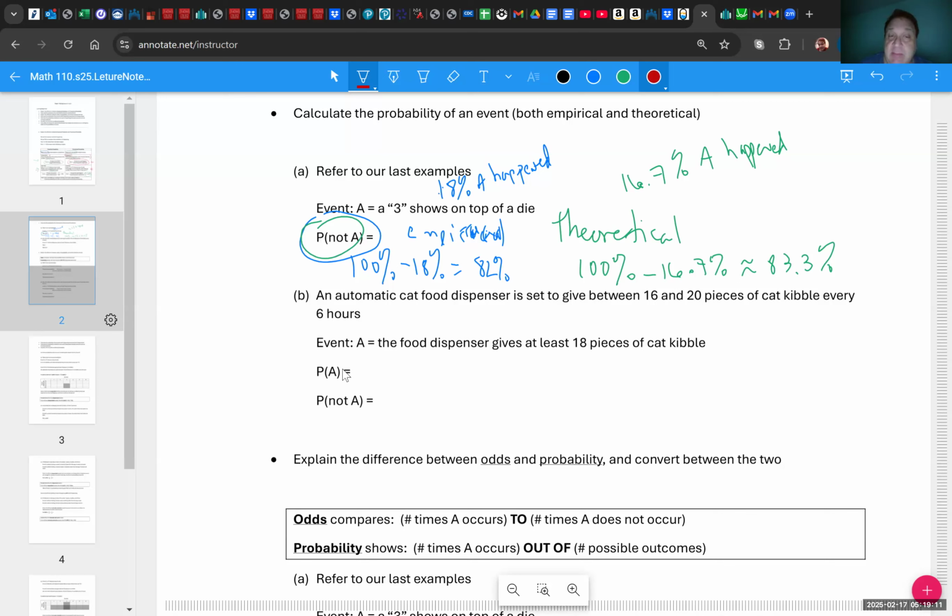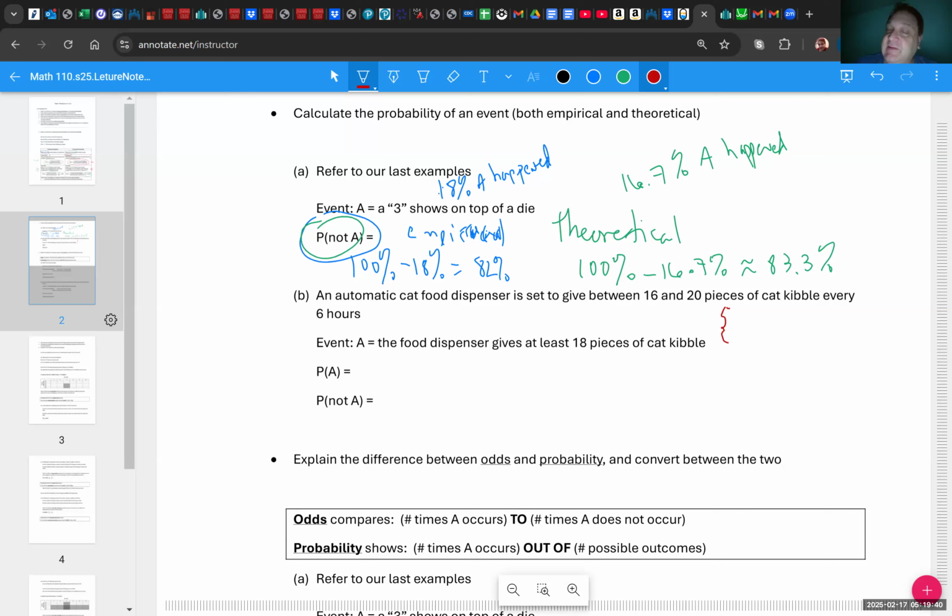And then we want to find the probability that this occurs, and we can also find the probability that it doesn't occur. A lot of times students make a mistake here because they're just going too fast. They're like, okay, 16 to 20 is 4, 18. So they start doing those things. But what I recommend is you spend a little bit of time, I know it's not the most efficient in terms of time, just writing out between 16 and 20.